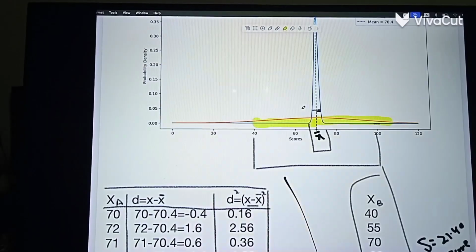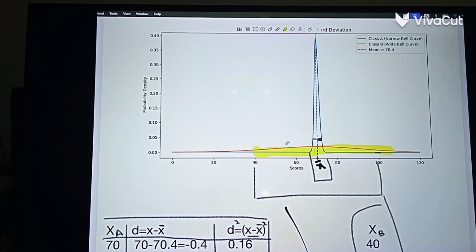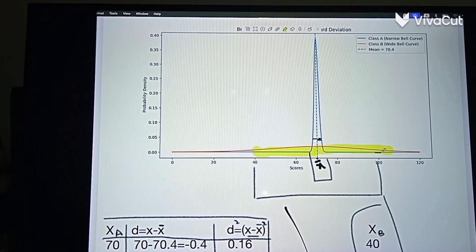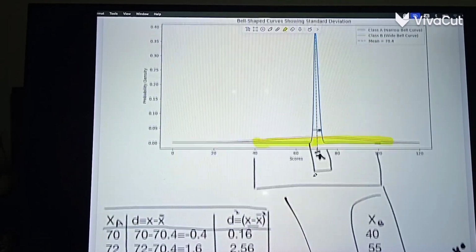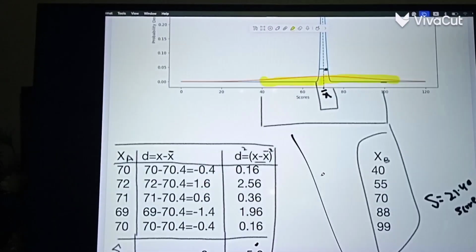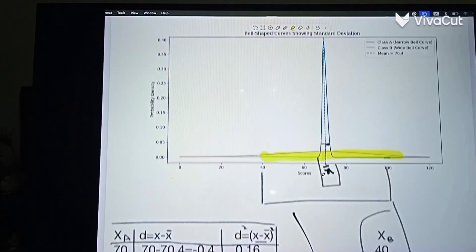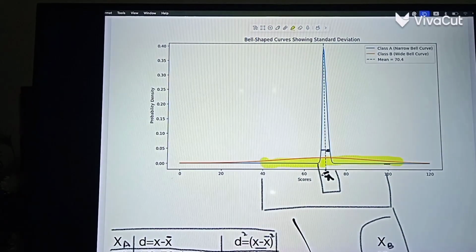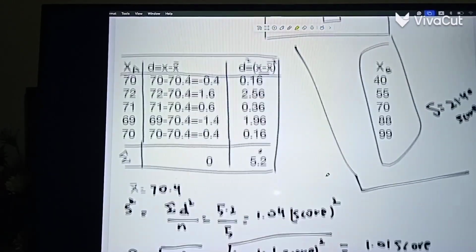So you see that set B, class B, is widely spread out, and this bell shape is very flat, while the other bell shape is very narrow. So a smaller variance gives us consistency in the data set, and a larger standard deviation or larger variance gives us too much spread in the data set. Hope you got the lecture.